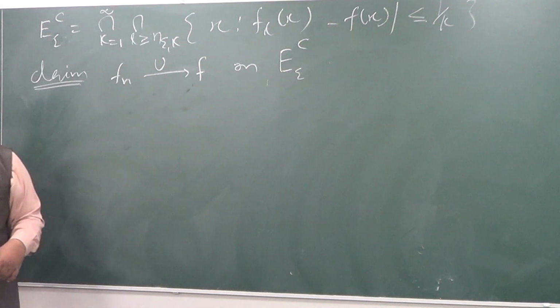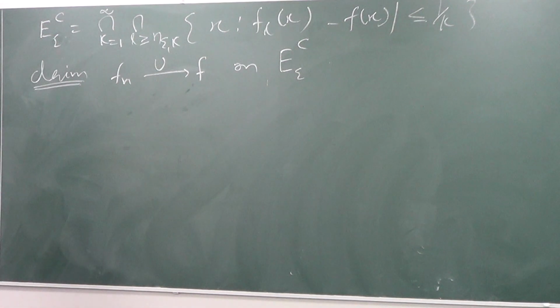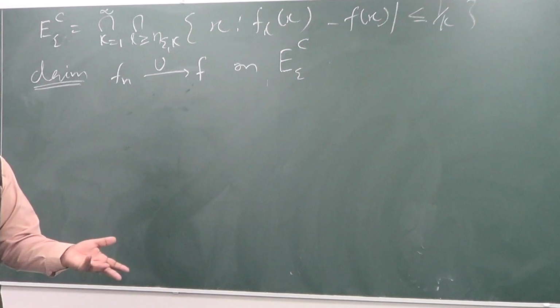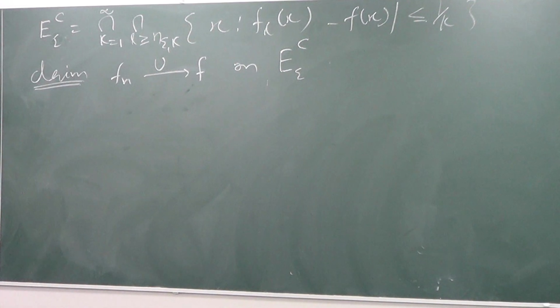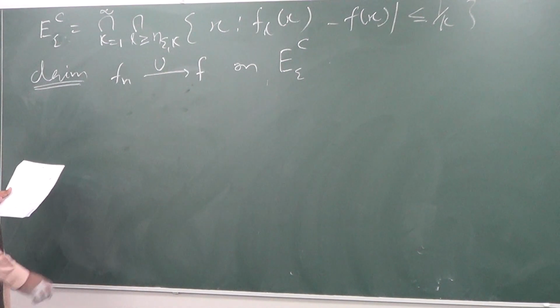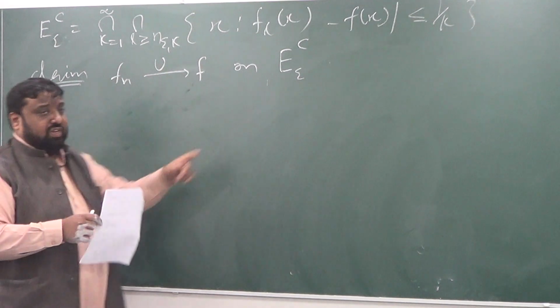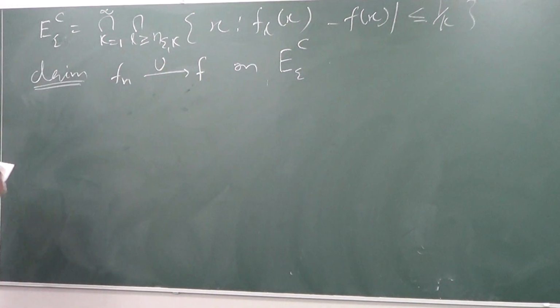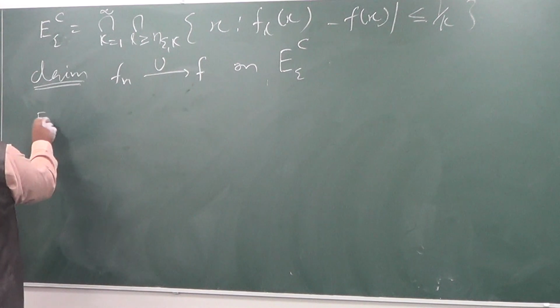That is the supremum norm, uniform convergence in the L infinity norm. So I want to say that the L infinity norm can be controlled by this. Let's not use epsilon because we already have used epsilon. So let's use delta.